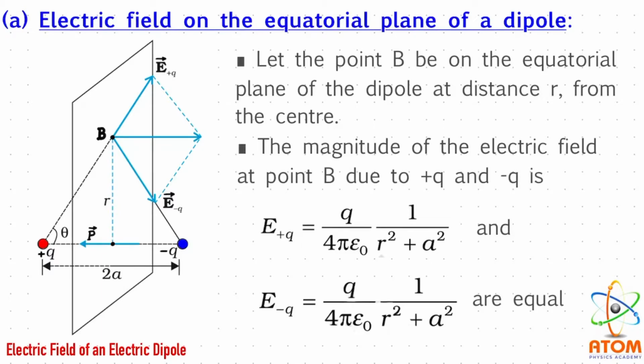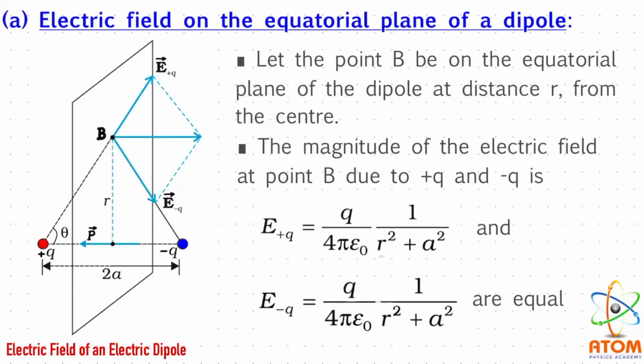Now the magnitude of the electric field at this point due to positive q charge and negative q charge can be written by these equations. Let me clarify one thing. This distance is r and this is a, so obviously this will become r square plus a square. For the negative q charge also this is r and a, so this becomes r square plus a square.